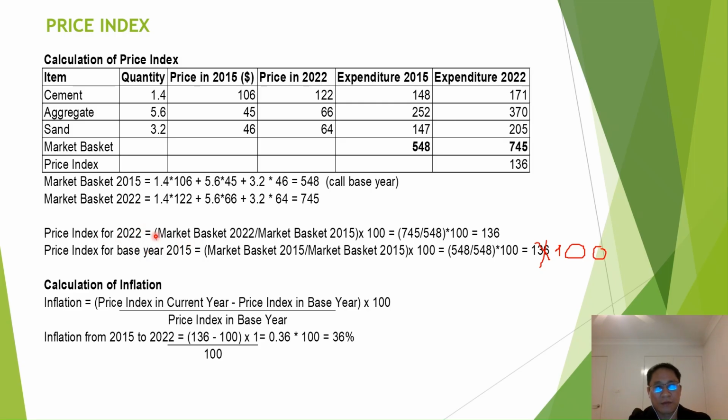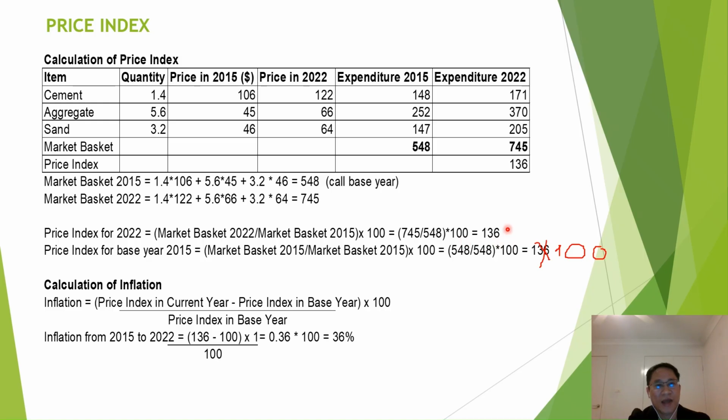We will use our market basket price for the current year divided by the market basket price for base year 2015 times 100%. The market basket for 2022 we already calculated here, 745, and the market basket of the base year is 548. We put it here, divide 745 by 548 times 100.